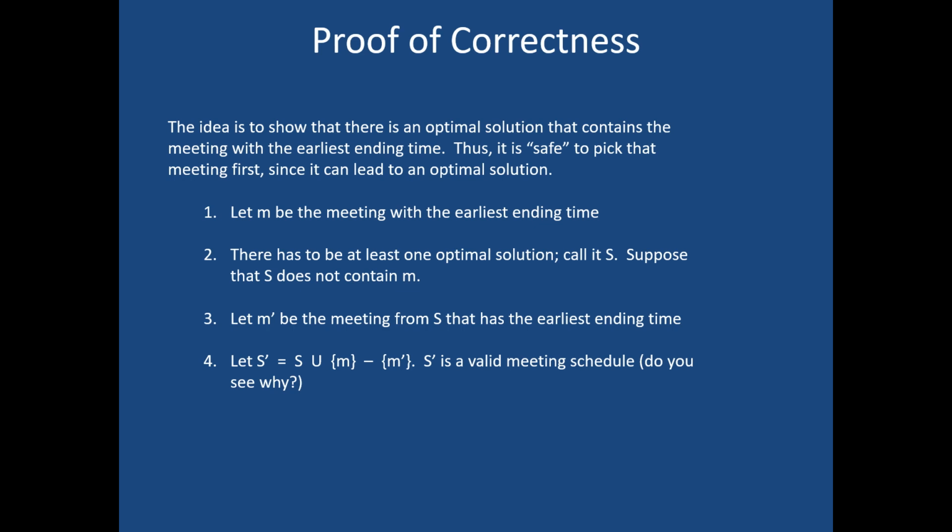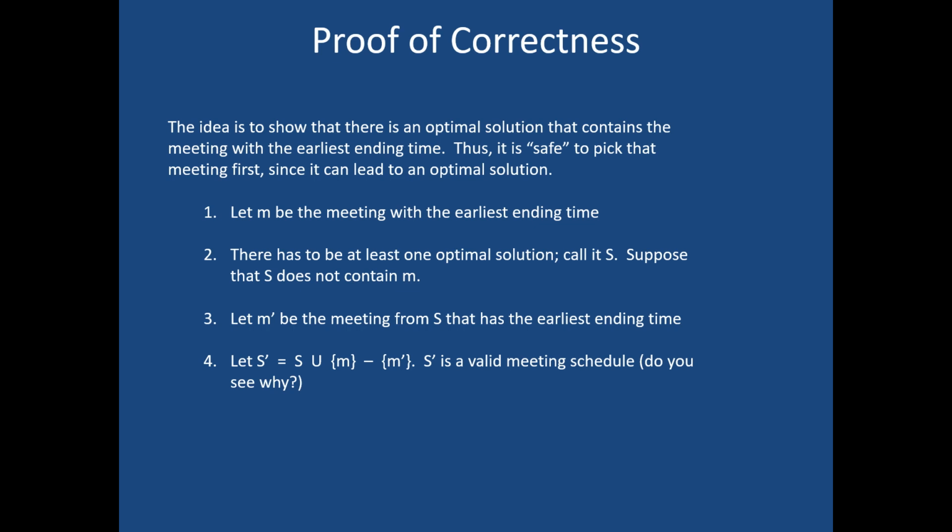So what's the argument there? Taking out M prime and putting in M will not cause any meeting conflicts. Because M has to end before M prime, right? Okay, yeah, M has the earliest ending time overall. M prime is the earliest ending meeting in S. So yeah, M has to end before M prime.